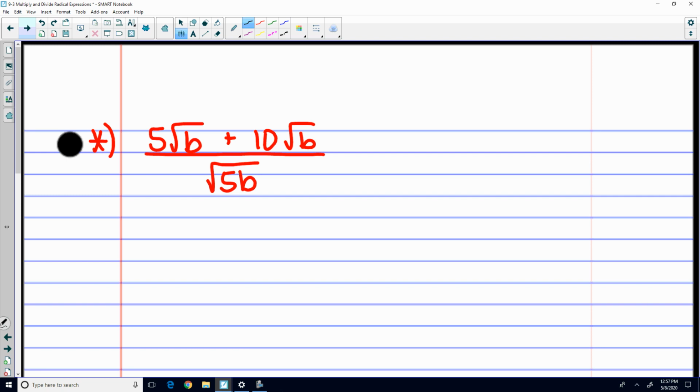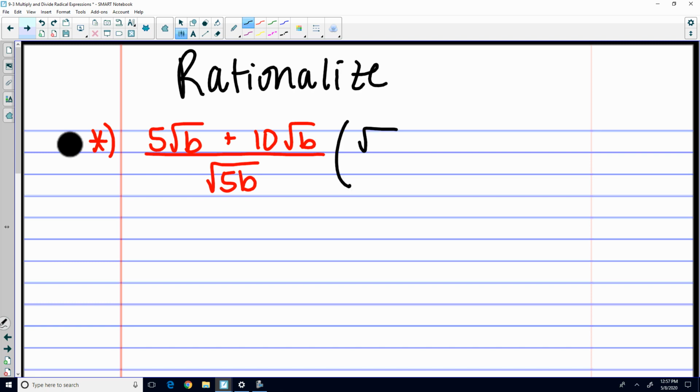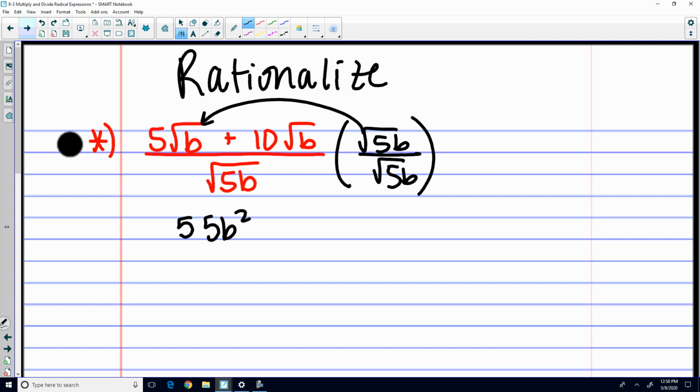Multiply the top and bottom to, let's write the word again, rationalize. We're going to multiply top and bottom by 5 square root of b. 5 square root of b, and again, that is allowed because that is just a form of 1. All right, 5, let's distribute this one first. So I'm going to have 5b squared, that's in the radical. Let's do this one.